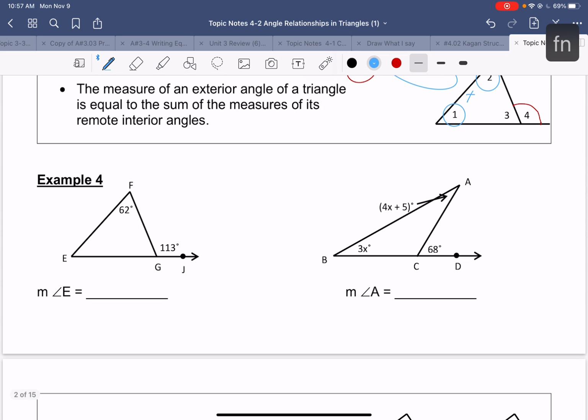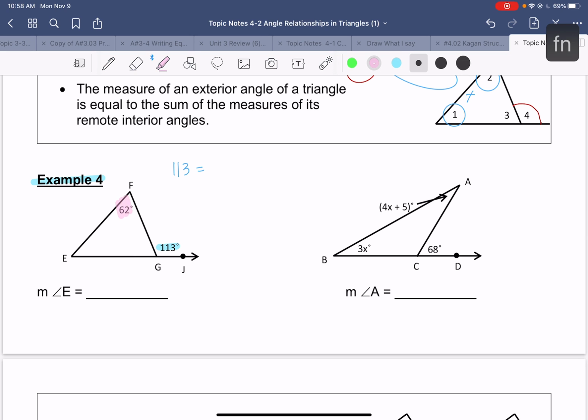So like example 4. Okay, so I usually ask, what is the exterior angle? So if you're looking at example 4 right here, which one is the exterior angle? All right, 113 is the exterior angle. So we know that 113 is going to have to be on this side of the equation by itself because that's the exterior angle. Well, then we need to know what the remote interior angles are.